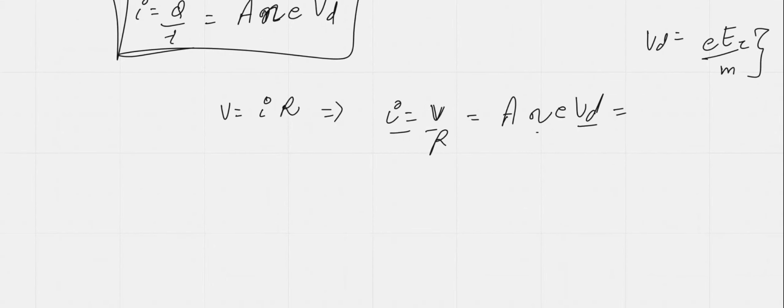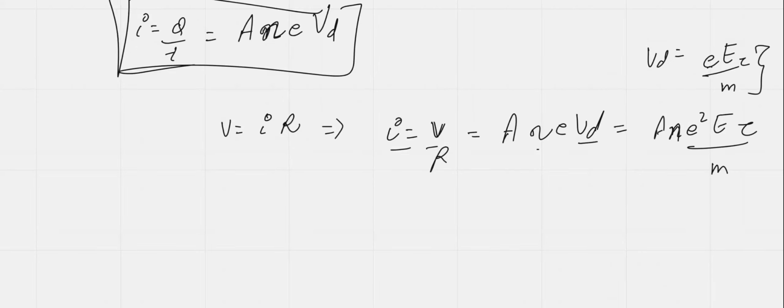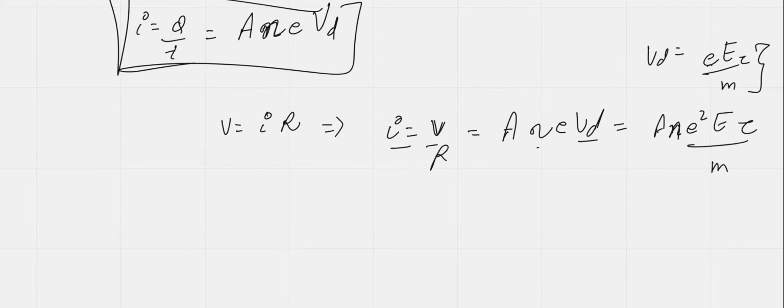When you put this here, you will get A n, one e is there, one e is there, e square, electric field, tau by m. This is what you have got. And again, you just have to think of it a little bit. Multiply up and down by L. What is E into L?